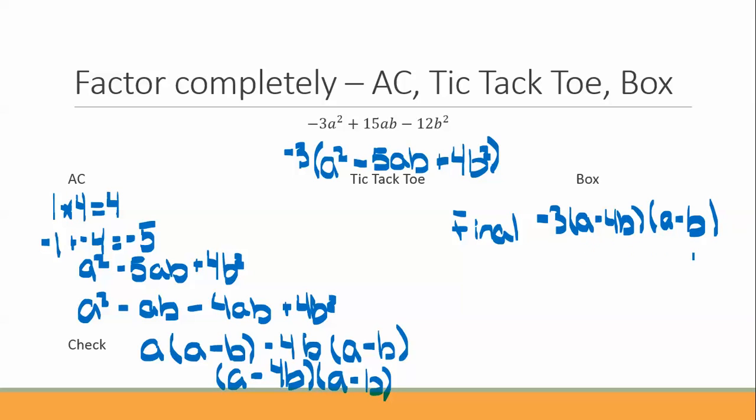And to check our answers, we'll do this part first, so we'll leave the negative 3 outside. And then we have a times a is a squared, a times b is minus ab, minus 4b times a is minus 4ab, and minus 4b times minus b is plus 4b squared.